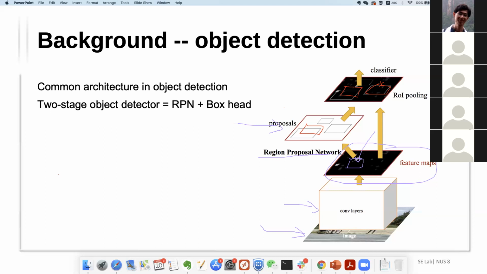So if that is the case, given images, there are supposed to be multiple noisy proposals. Is that fine? It's not fine. It's not fine. You will always have noisy proposals. You will have many noisy proposals if you only look at the output from the region proposal network without any threshold.